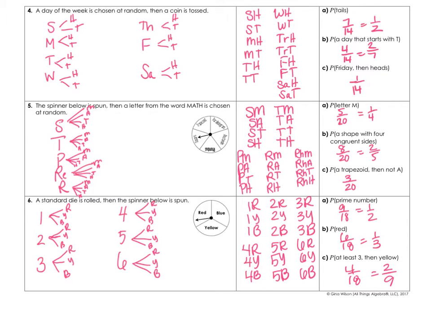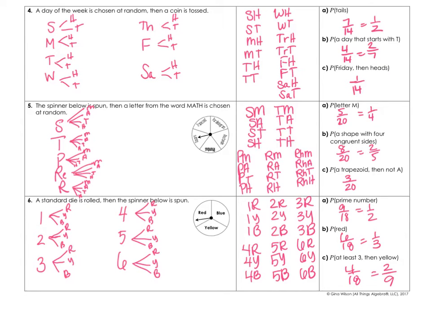Probability of picking a shape with 4 congruent sides, so that would be anything that's a square or a rhombus. I couldn't find that for a second. Square or a rhombus, so that would be 8 total out of 20 or 2/5. And then a trapezoid, then not A: trapezoid M, trapezoid T, and trapezoid H. So that's 3 out of 20.